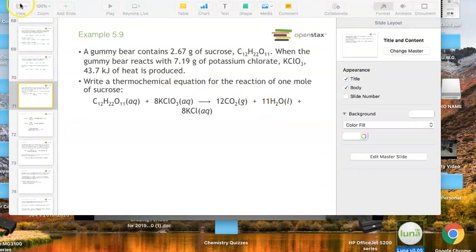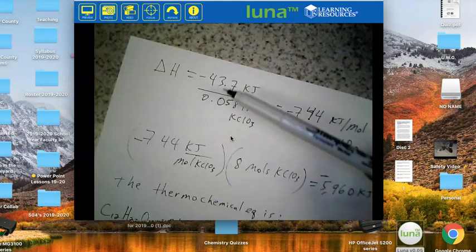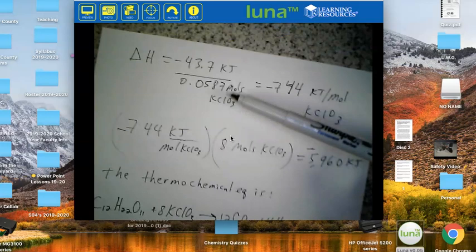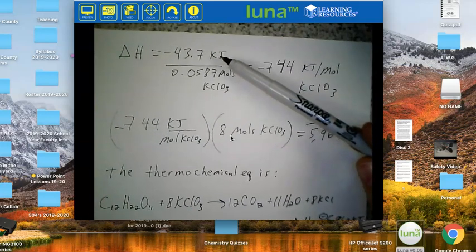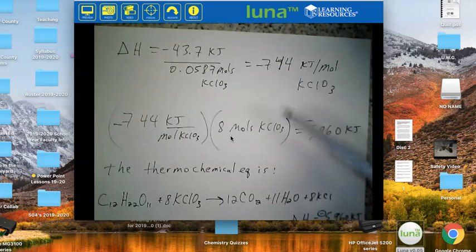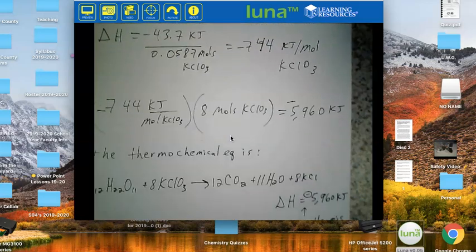Since this was a negative value, and again, they don't give it to us as a negative value, it just says 43.7 kilojoules of heat was produced, that means it's going to be an exothermic reaction.